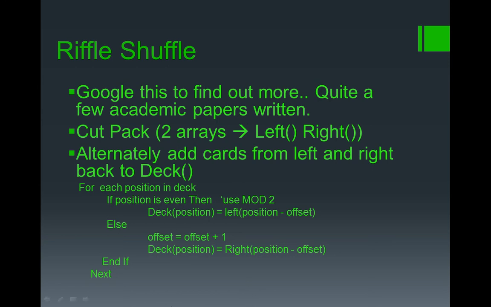As it happens, if I just do this, I get really rubbish randomisation. At the very least, you assume that you're going to do what's called an in shuffle and out shuffle. So this always goes left first, but you'd probably want to do it so that on the first shuffle, go left. On the second shuffle, you would start with the right.